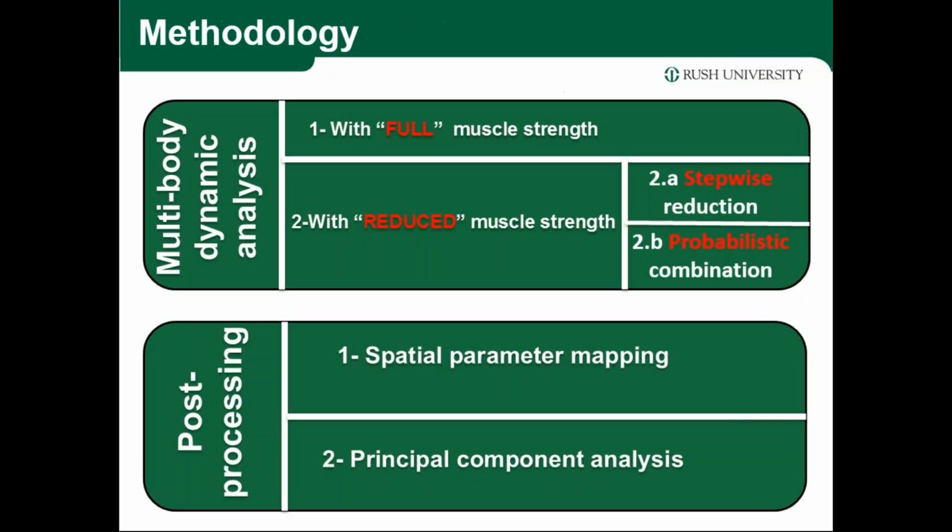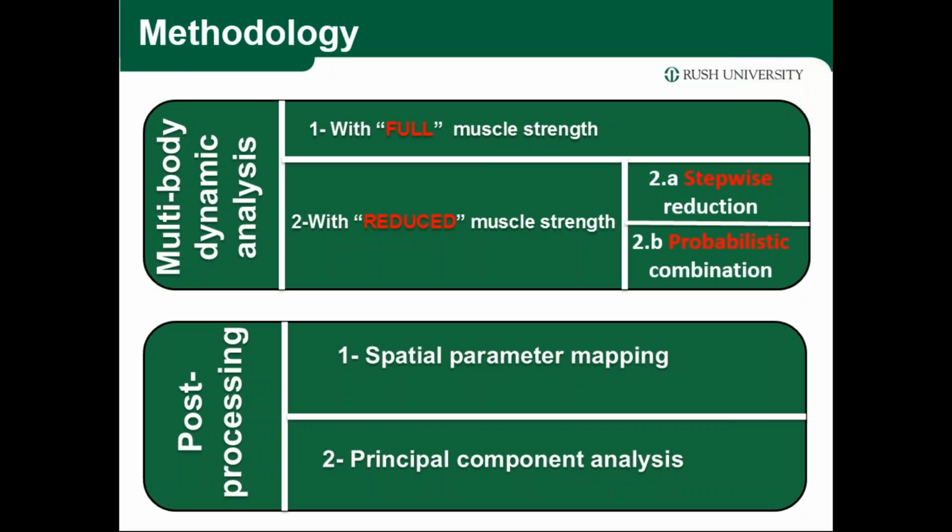Okay, so first of all, we are interested to know how total knee arthroplasty patients walk in terms of full strength muscles. If their muscles have full strength and are not impaired, how do they walk?